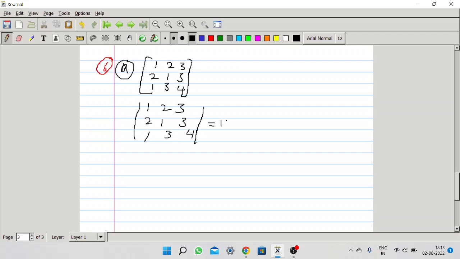This is equal to 1 times the determinant of the matrix 1, 3, 3, 4 minus 2 times, I think you know how to calculate the determinant, so I am directly writing the steps, 2, 3, 1, 4 plus 3 times 2, 1, 1, 3.